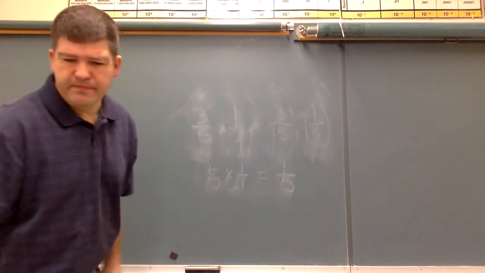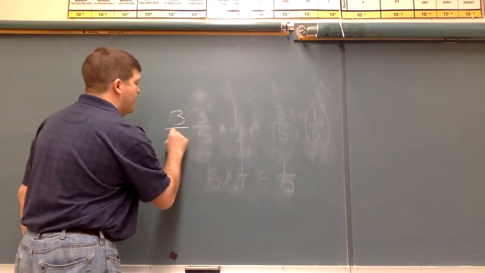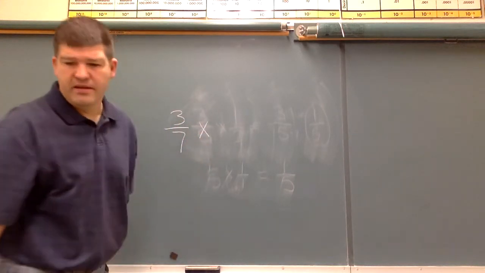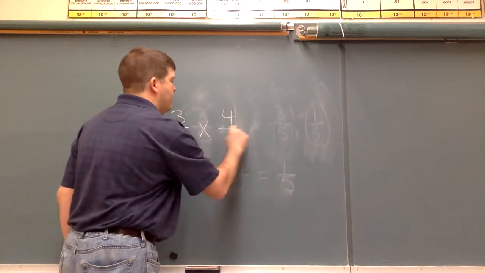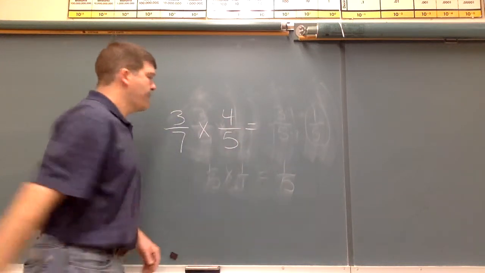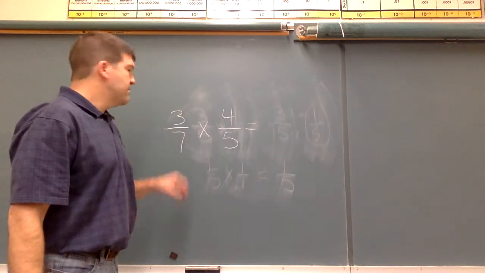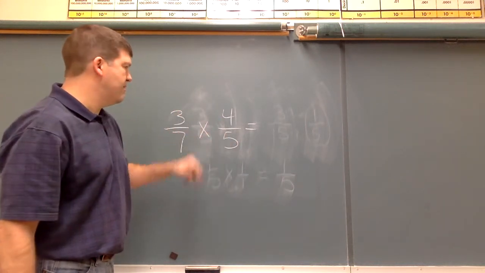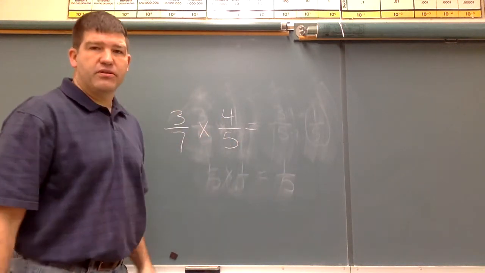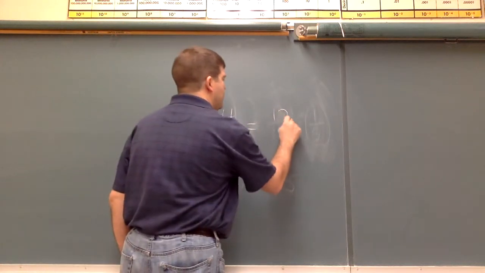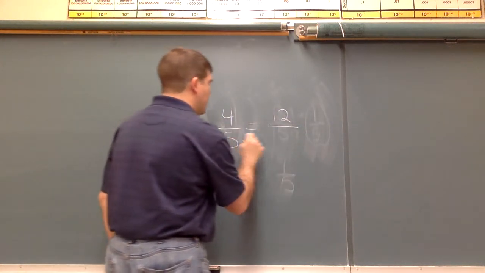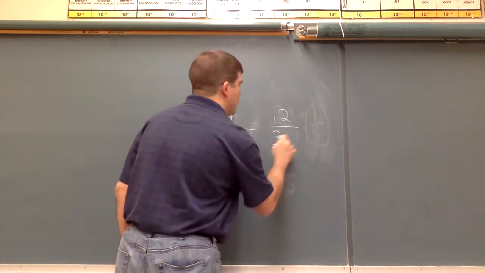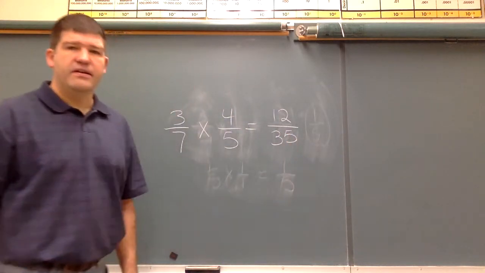Let's do number 2. 3/7 times 4/5 equals. Now, I look to say, can I cross anything? 3 and 5, no. 4 and 7, nope, can't do that. So then I just go across. 3 times 4 is 12. 7 times 5 is 35.